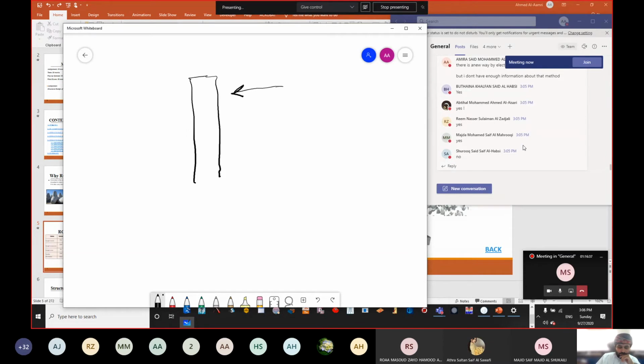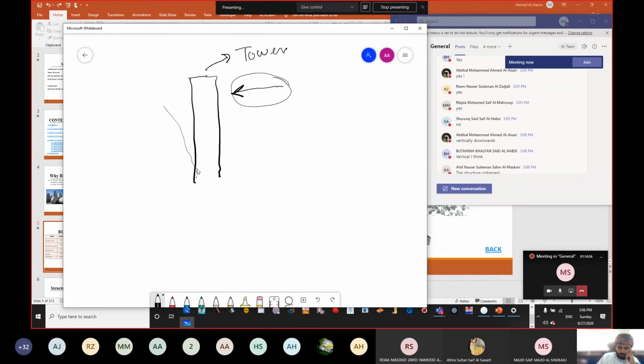So this is the tower, and this is the plane. Now I'm talking about if you have a large horizontal force and this is your element, what will happen? You will see that your element is going to sway, right?